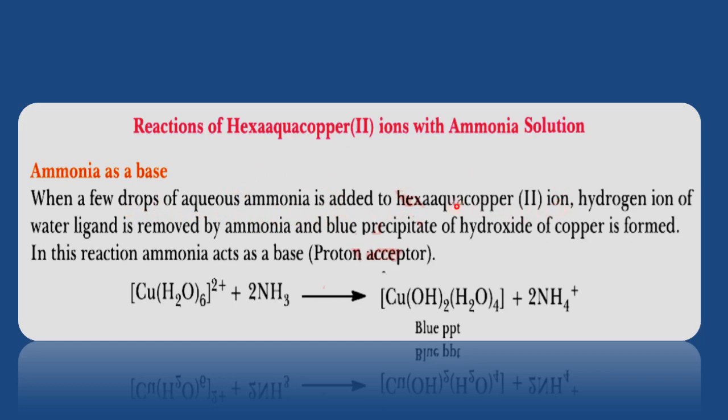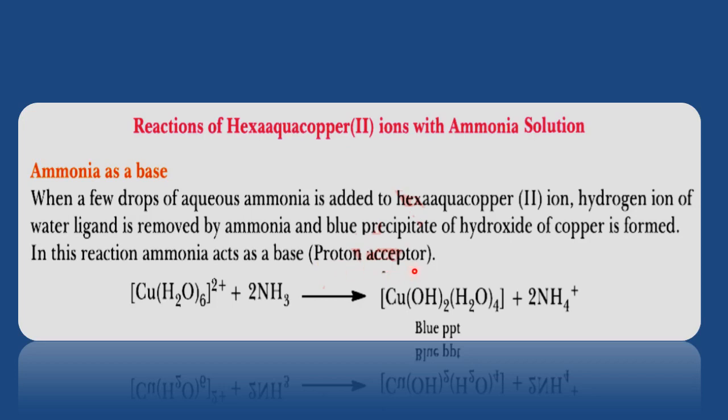And we are going to obtain blue colored precipitates of hydroxide of copper. In this reaction, ammonia acts as a base and, acting as a proton acceptor, that is why it is converted into ammonium ions.